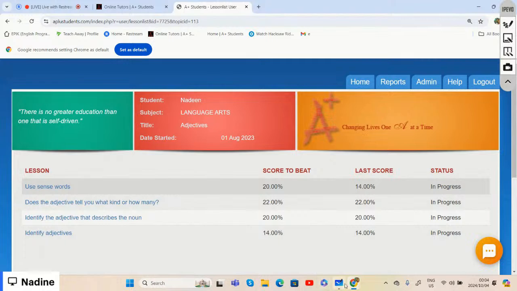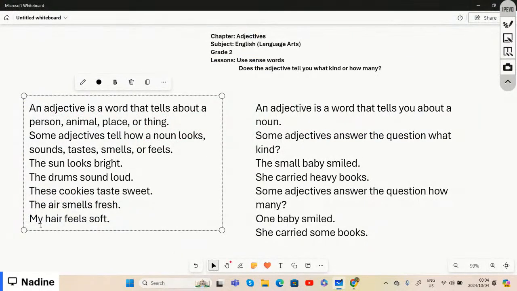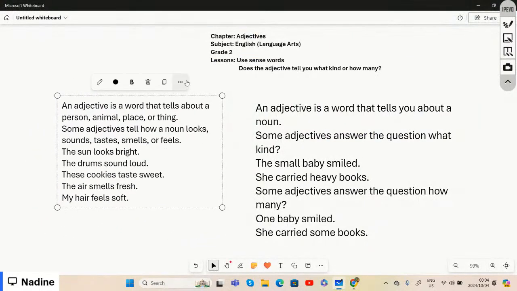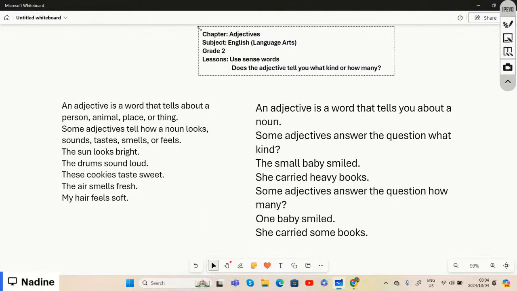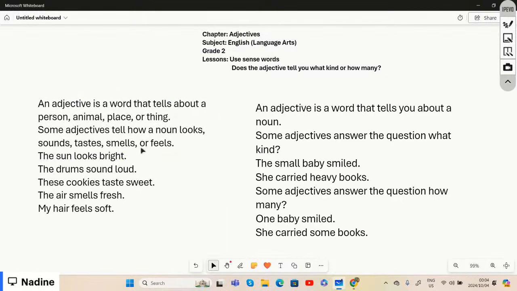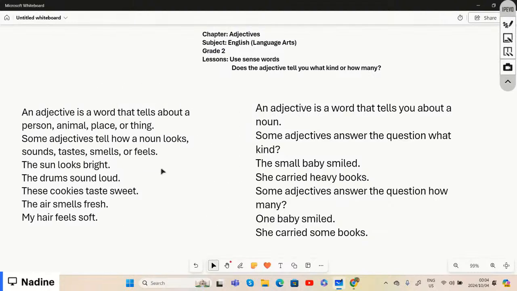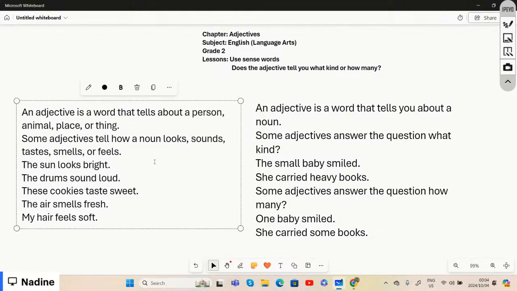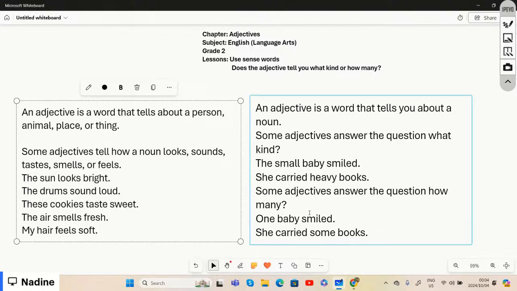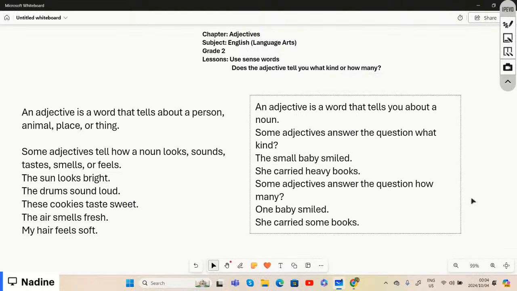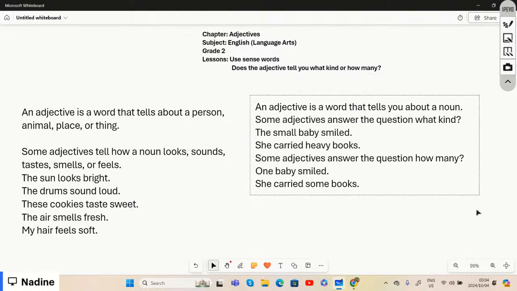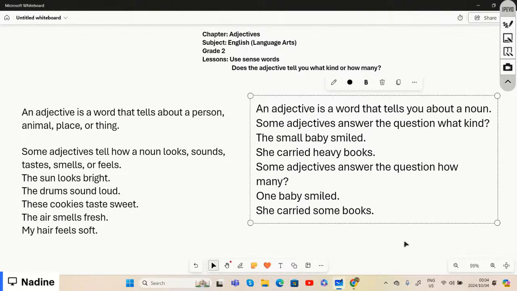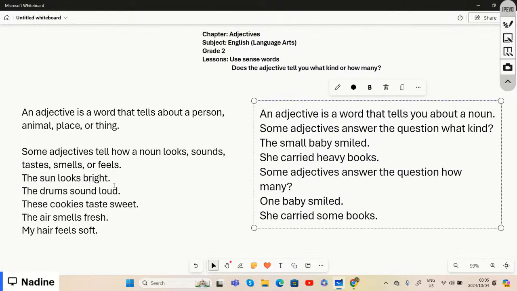All right. So our chapter is adjectives. Our subject is English language arts. We're doing grade 2.